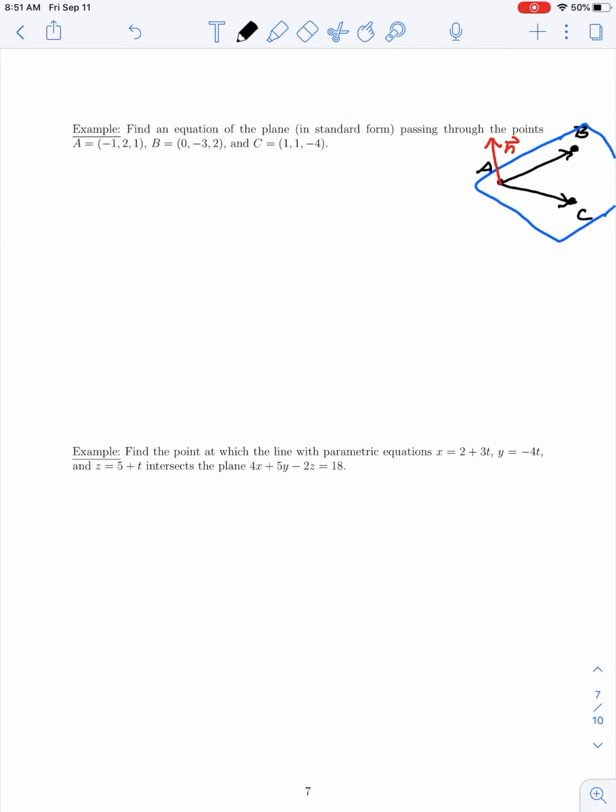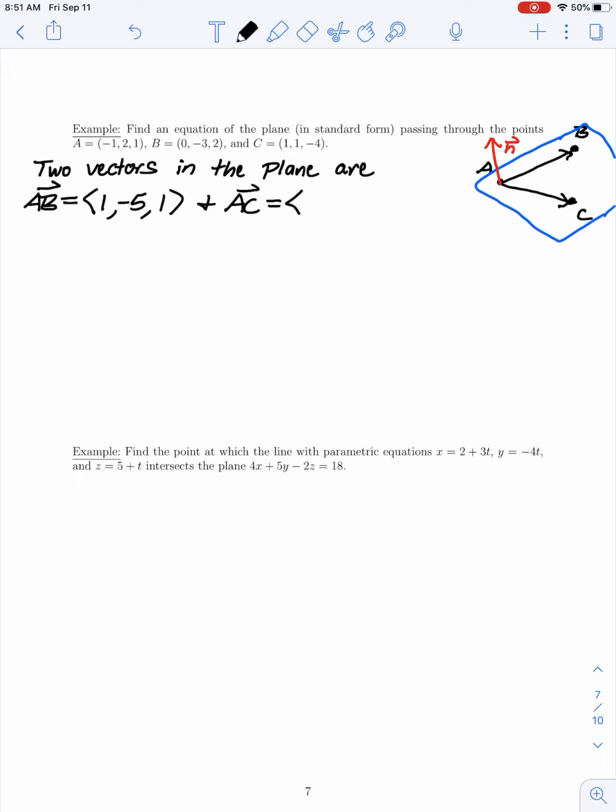Let's start by finding 2 vectors in the plane. Two vectors in the plane would be the vectors AB, whose components would be given by 1, -5, 1, and AC, whose components would be 2, -1, -5.